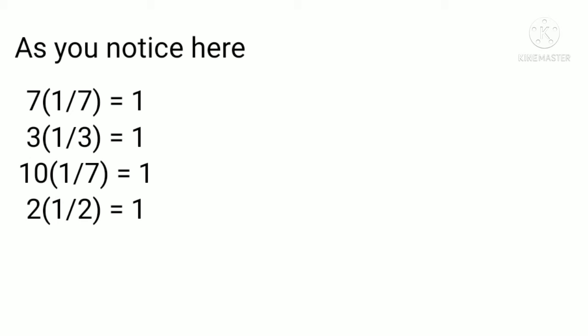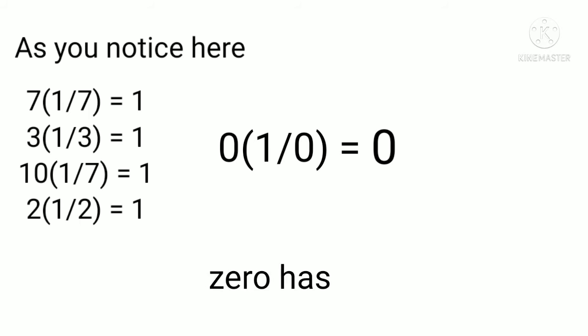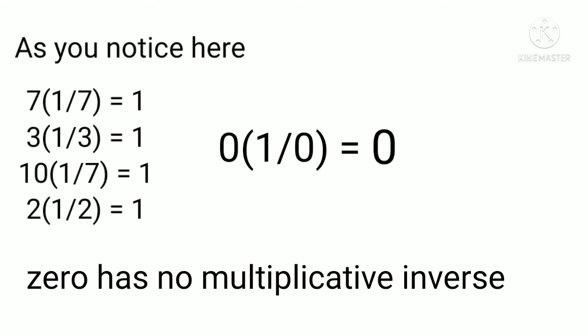If we want to divide by 0, we need to find its multiplicative inverse, which should be 1 over 0. This would have to be a number such that multiplying it by 0 would give 1. But because anything multiplied by 0 is still 0, such a number is impossible. So 0 has no multiplicative inverse.